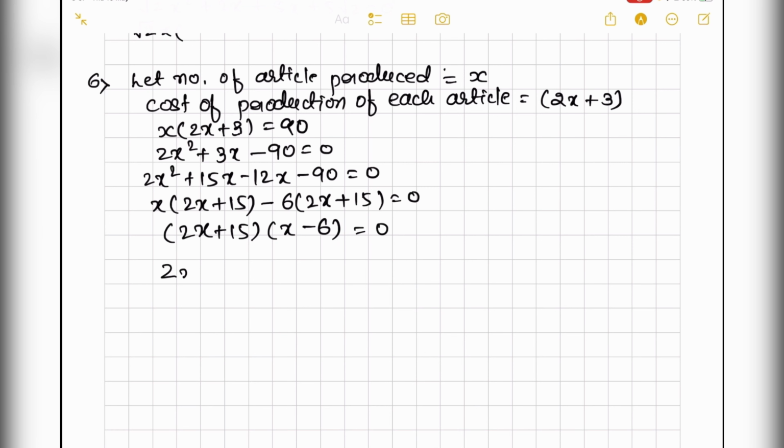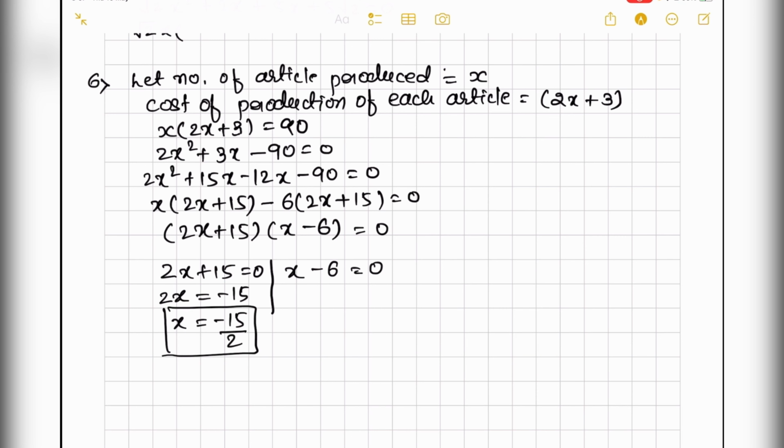So either 2x plus 15 is 0 or x minus 6 is 0. If 2x plus 15 is 0, then 2x will be minus 15, so x equal to minus 15 by 2. That means the articles produced would be minus 15 by 2, which is not possible. So articles produced will be 6.